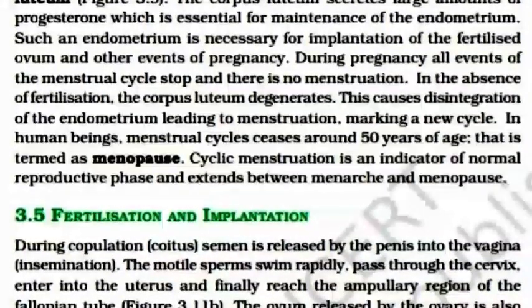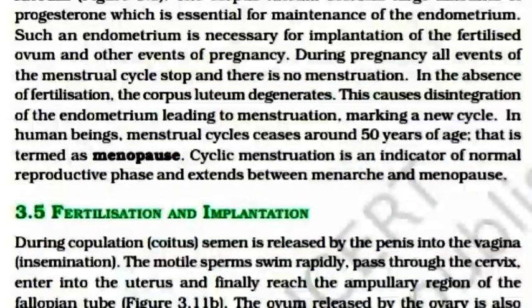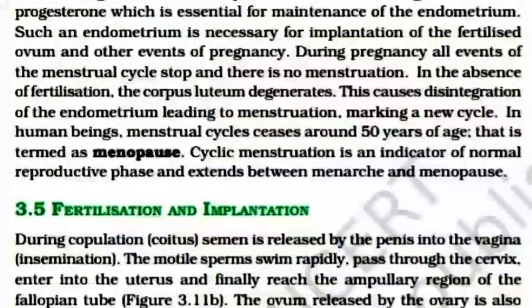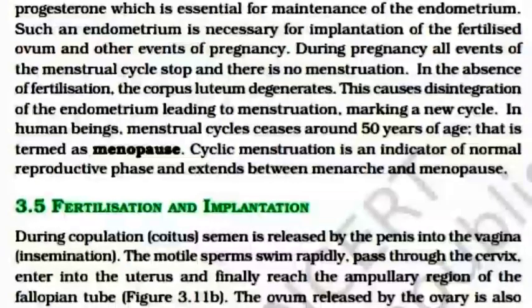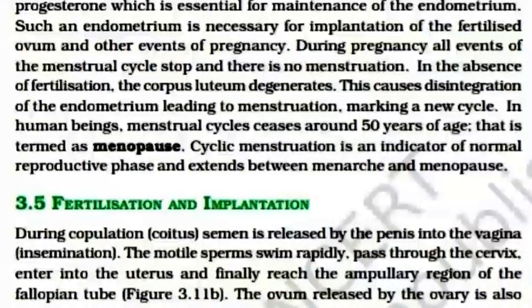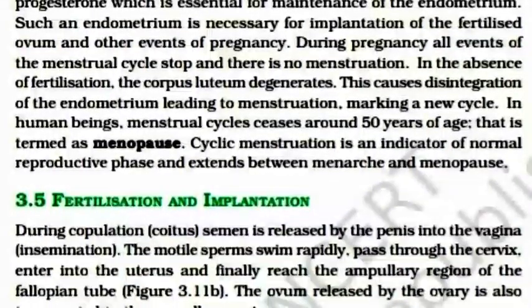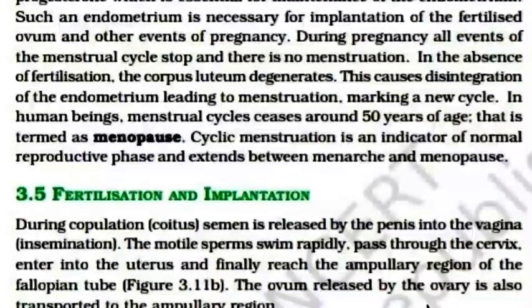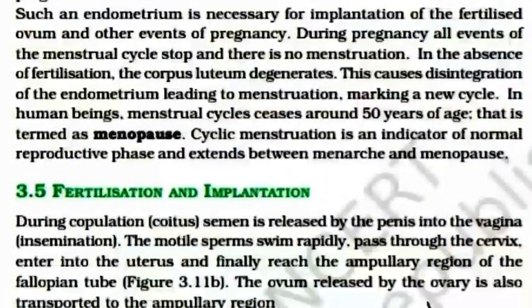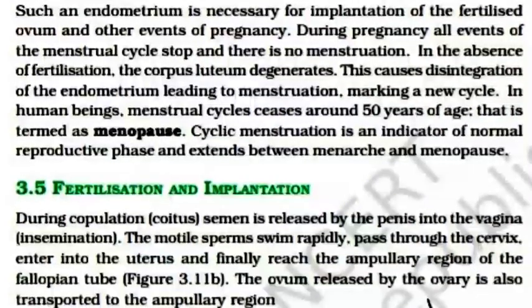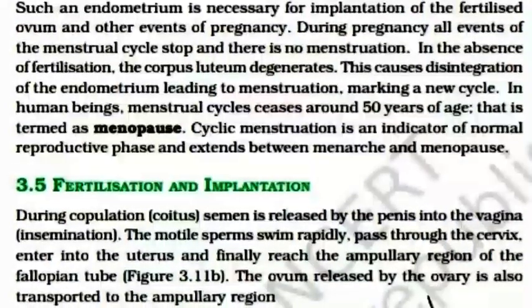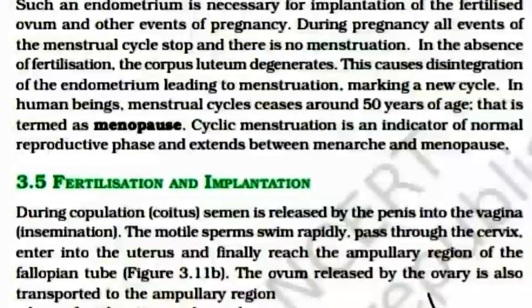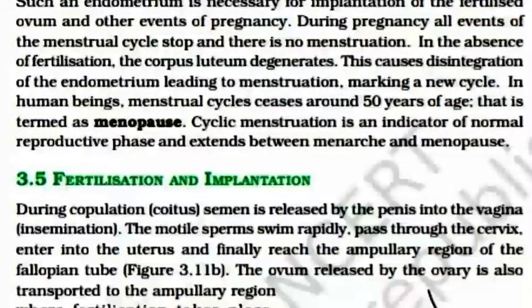Fertilization and implantation. During copulation (coitus), semen is released by the penis into the vagina. This is insemination. The motile sperm swim rapidly, pass through the cervix, enter the uterus and finally reach the ampulla region of the fallopian tube.